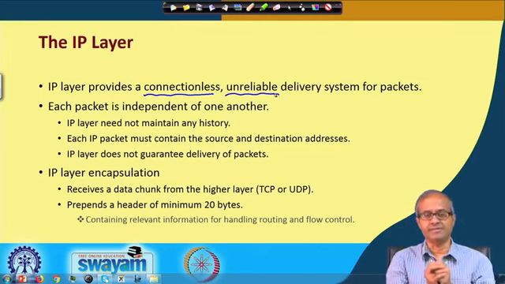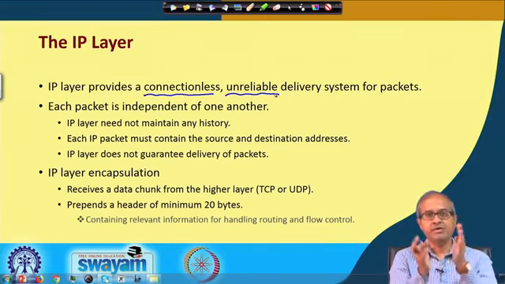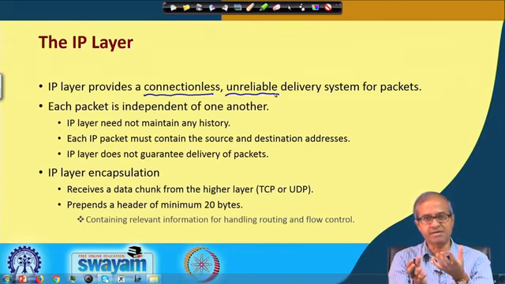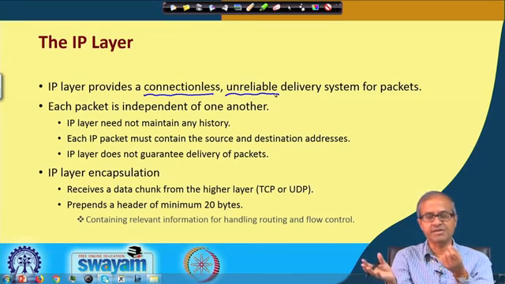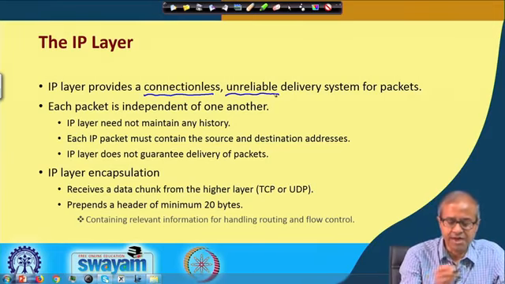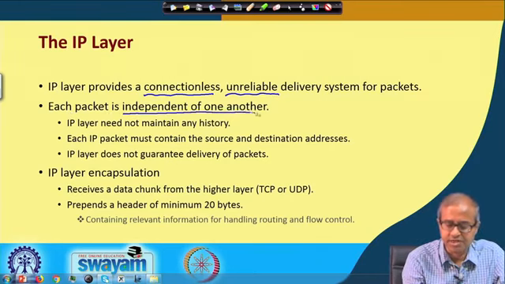Now, in every intermediate node there will be something called a routing table. This we shall be discussing later in detail. With respect to the routing table, these IP packets will be coming, they will be compared against it and they will be forwarded to one of the outgoing links in a suitable manner. Now, in the IP layer, just like datagram, each packet is independent of one another.